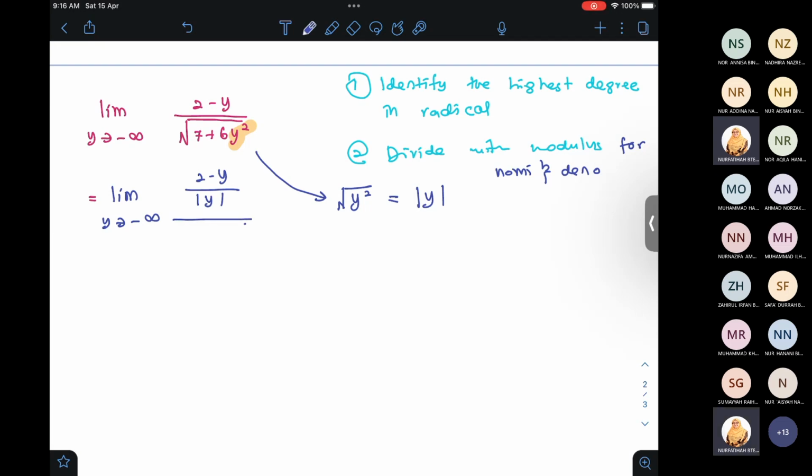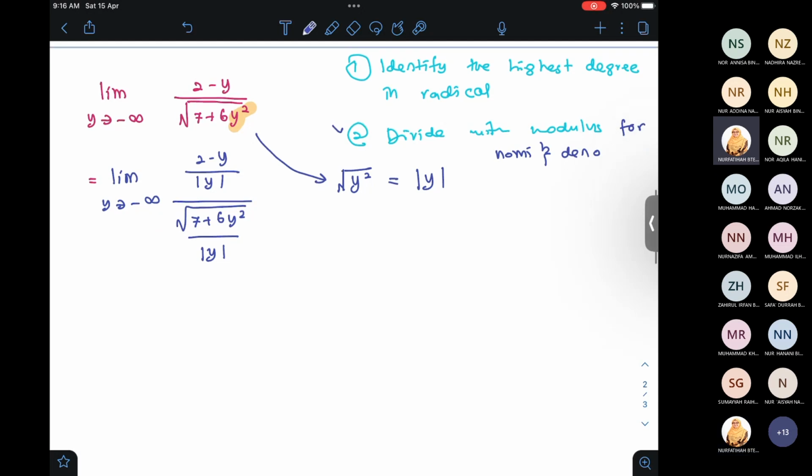So the bottom part also, 7 plus 6y squared divide by modulus y. Okay. So ini untuk second lah. Okay, divide with the modulus for numerator and denominator part. Okay. So now, okay, teruskan.